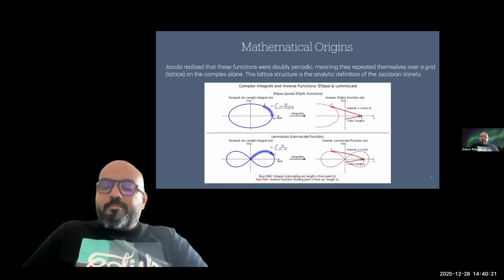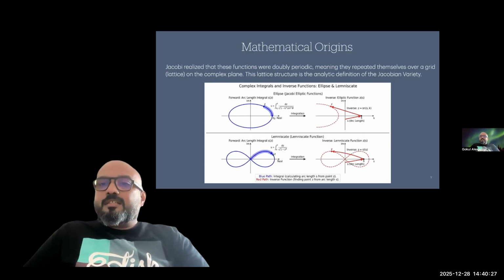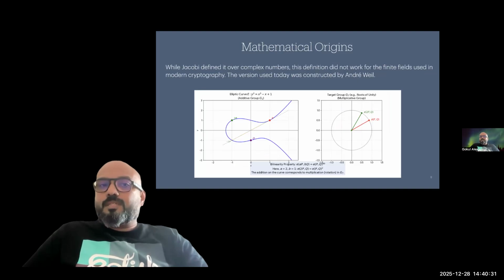One major challenge with this Jacobian variety is that it has to be computed on the complex plane. So while Jacobi defined it over complex numbers, this definition did not work well for finite fields. As we all know, finite fields are used in modern cryptography.